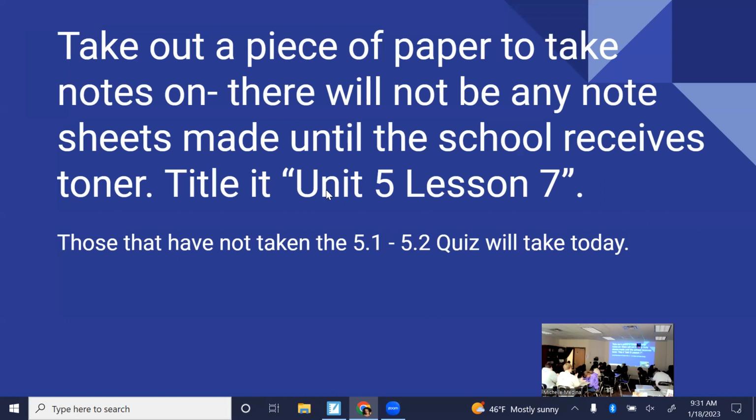And honestly, this is great practice for whenever you're absent, you really should be taking notes on your own paper, making up the lesson. And also just in college too, like some people think that we don't need to take notes. And I'm just like, that's crazy. Like in college, you have to take notes.